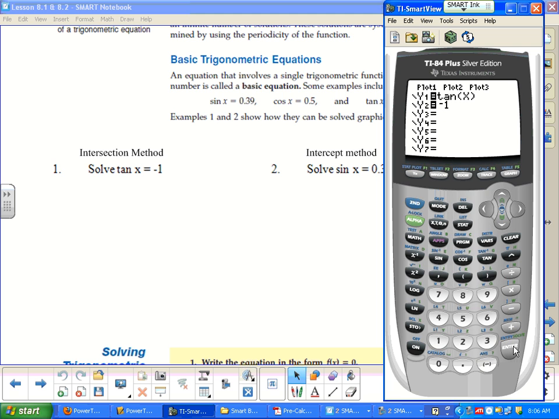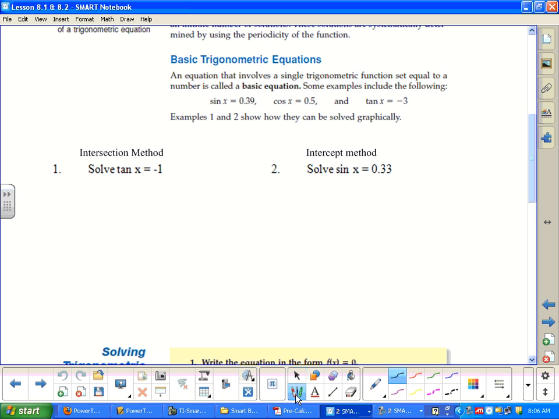First let's find our answer using the unit circle, and then we'll look at it graphically. So when does tangent equal -1 on your unit circle? Okay, so 3 pi over 4 and then plus pi n, where n is an integer.